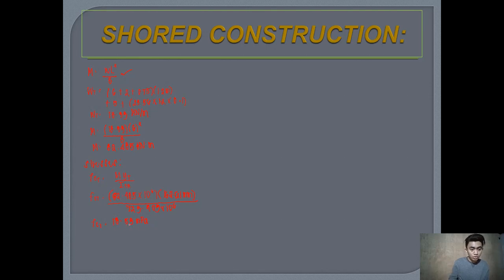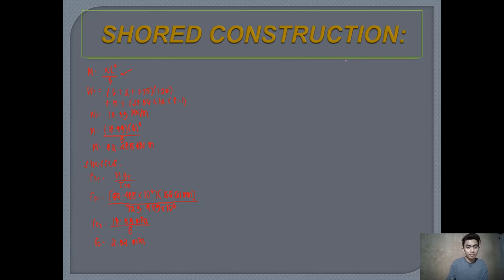If I divide this by 8, from stress transformed I will have the stress for concrete, which is equal to 18.53 divided by 8, that is 2.32 megapascal. So we have here the stress for concrete, which is 2.32 megapascal. Take note, this is at the topmost part.